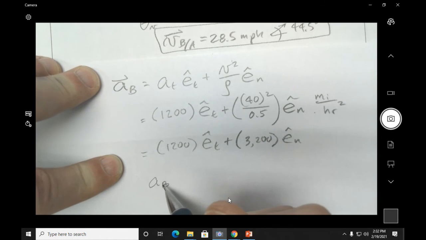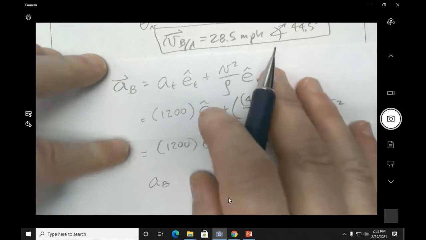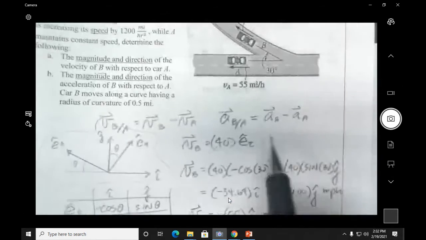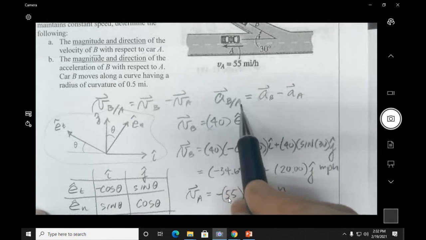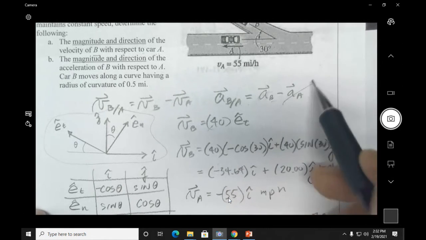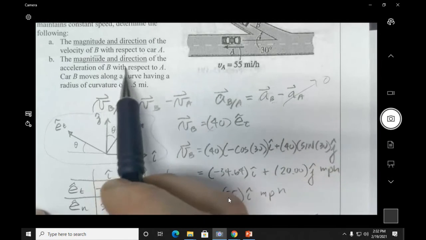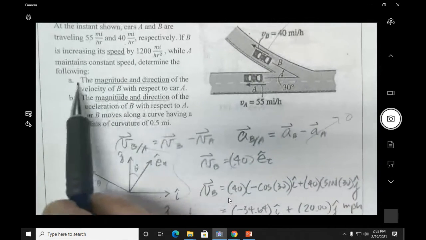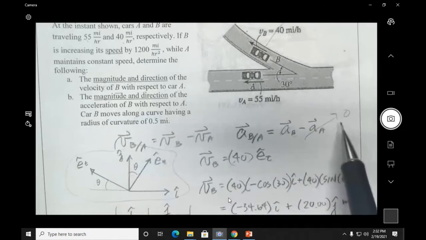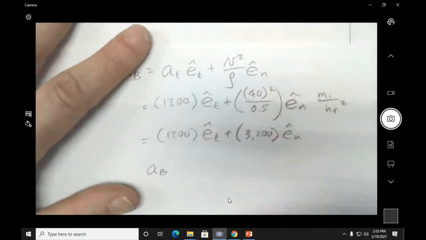We could just find, and by the way, going back to the original problem right here, the acceleration of B with respect to A, they said that this was a constant, right? That A maintains a constant speed. So it's actually not really even necessary to go through this whole thing.